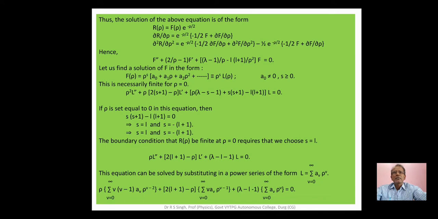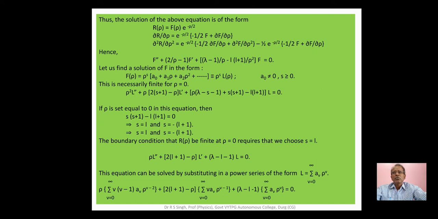Let capital R function of rho be equal to capital F function of rho exponential minus rho upon 2. Now we get the differential equation in capital F, where F is equal to rho to the power s L function of rho. L is the Laguerre polynomial. Now we write the differential equation in L.